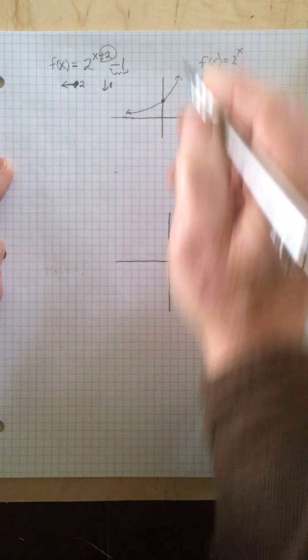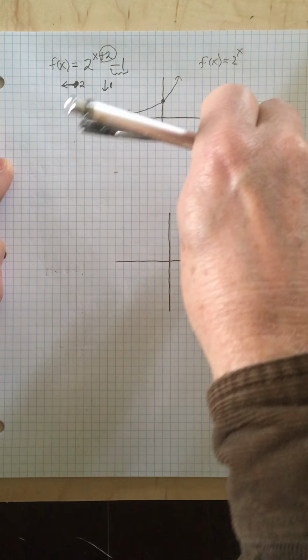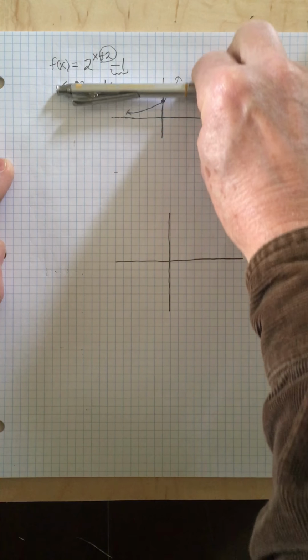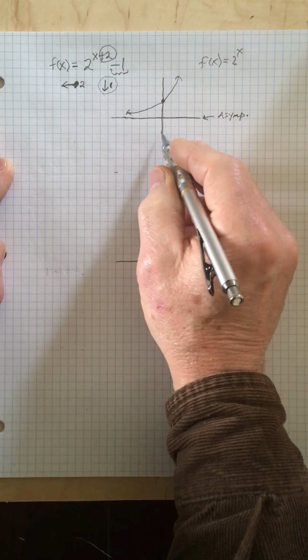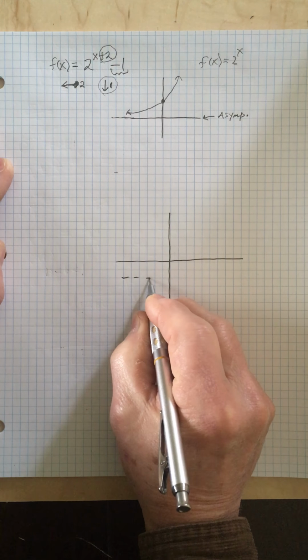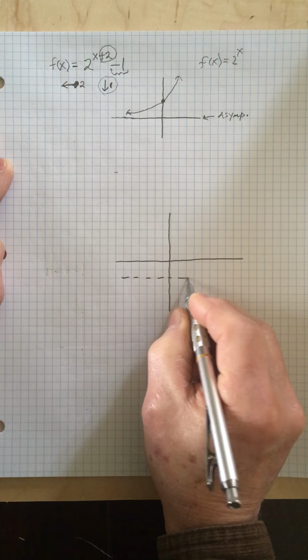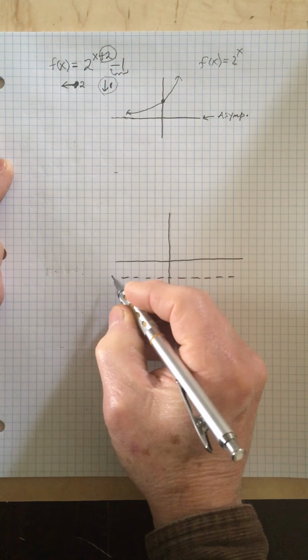That's what these transforms do. Okay, since this is a horizontal asymptote, it can only move up and down. So we're going to take a look at this, and we're going to move the asymptote down 1 unit. So there's our new asymptote. Okay, so we're going to come down to that somehow.